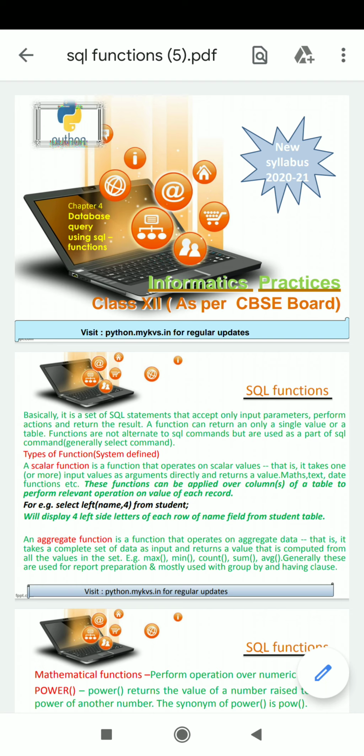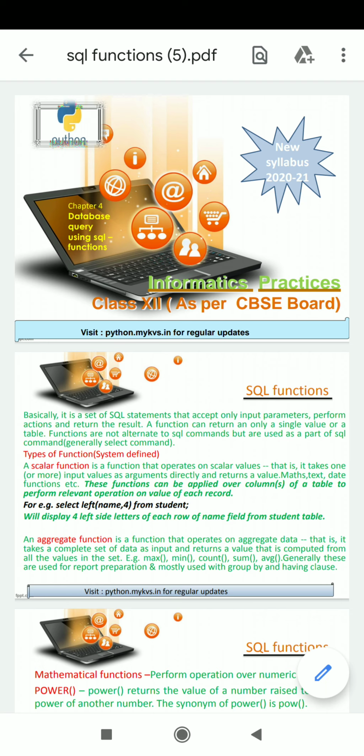A scalar function is one which requires a single value at a time, performs operation over that value and returns the result. Suppose we have 10 rows in a table and apply a function over a particular column, then it will perform operation over all the values one by one, 10 times, and return 10 results.